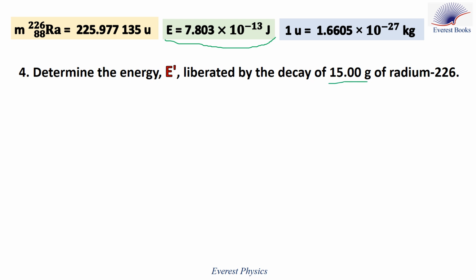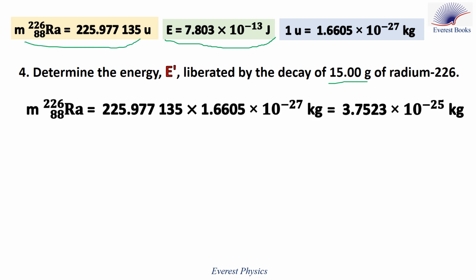Let's start by calculating the mass of radium-226 in kilograms. This is done by multiplying the mass in u by 1.6605 times 10 to the power minus 27. Now we have the mass of one radium nucleus in kilograms.